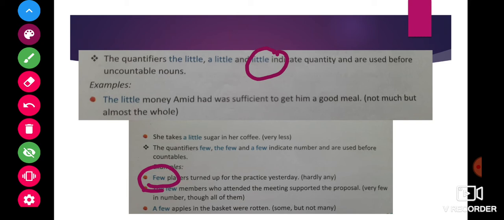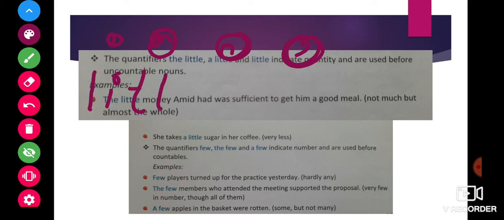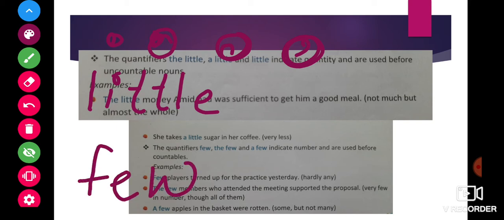So if we have to arrange the numbers indicated by the little, a little, little and few, the few, a few in ascending order, that means from the smallest one to the biggest one, the smallest one will be little and few. The amount or the number which will be a little more than little and few will be a little and a few.